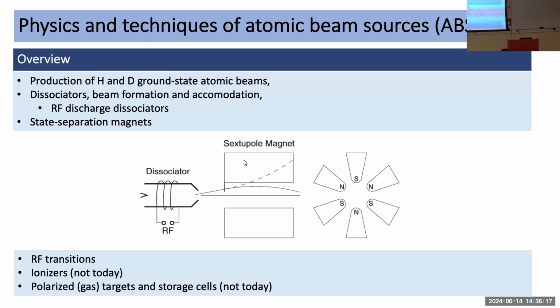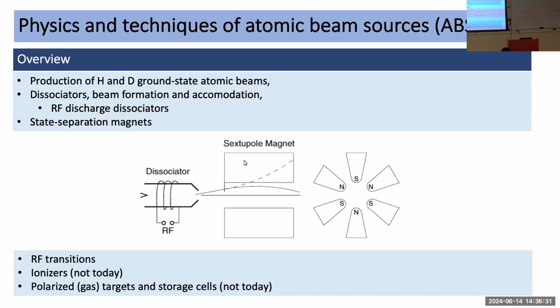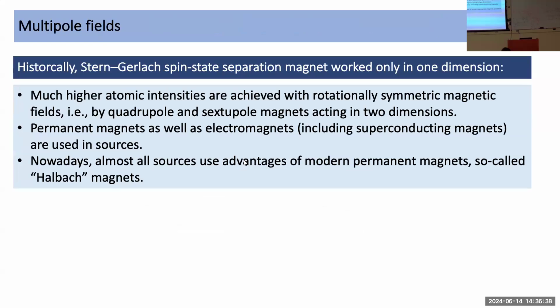And then if you don't like what you get, you can still apply so-called RF transitions in the beam to maximize the polarization. So I'm going to discuss the first aspects here. I will not talk about ionizers and also not about targets in detail.